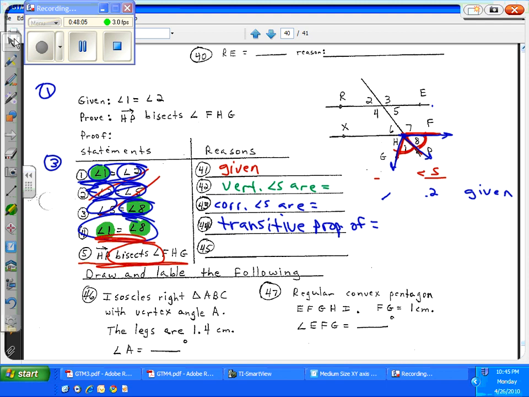We have what we get out of it, the two equal angles, right here. The word angle bisector, there's the word, there's what we get out of it, and so we say definition of an angle bisector. Any questions on giving the reasons for the proof? Okay.